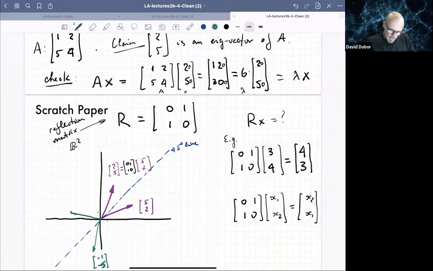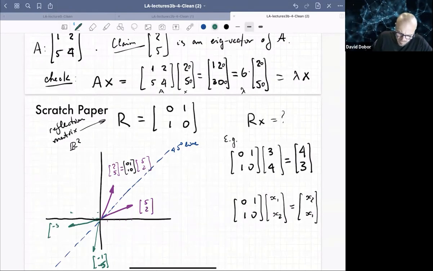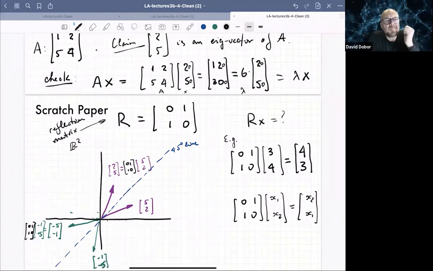So it will go somewhere here, which will be -5, -1, which is the same as -1, -5 when A is applied to it. When A is applied to it, you get this vector out. So again, it's reflected around this 45-degree line, right? That's why it's called the reflection matrix.